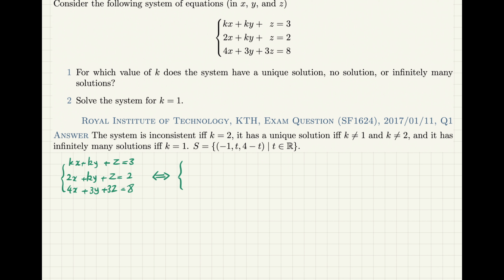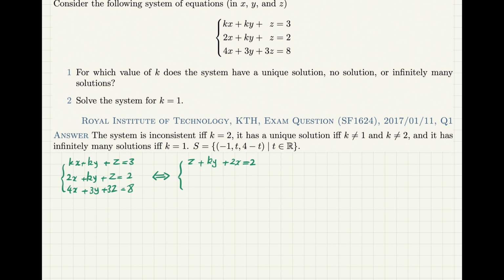Namely, I would write it in this form: z plus ky plus 2x equals 2. So what you see here is exactly the equation that I have here: z, and then ky, and then 2x. The reason that I want to do this is that I want to have this coefficient equal to 1, which makes the calculation simpler.